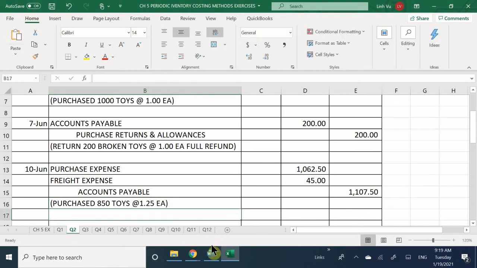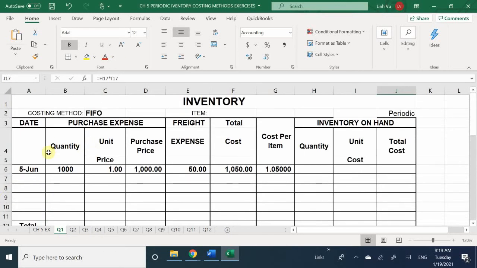All right. And now we need to go to our inventory worksheet. So now we have another batch that we just bought. This was on 6/10. Okay? 850 at 1.25 with a freight of 45.